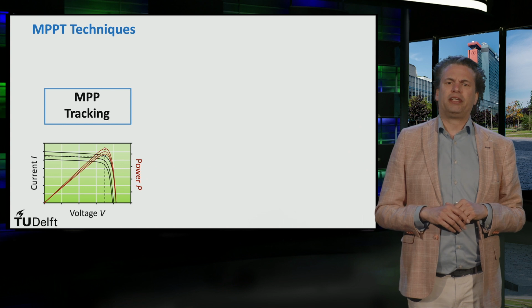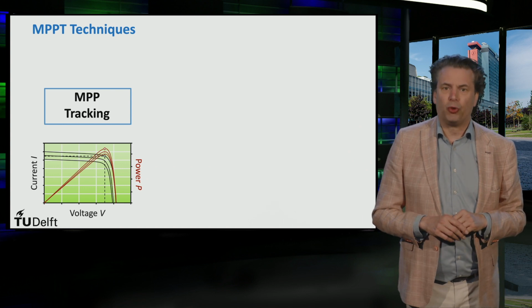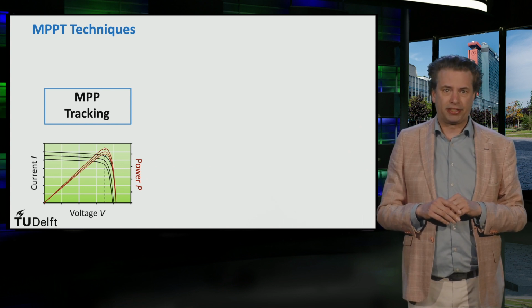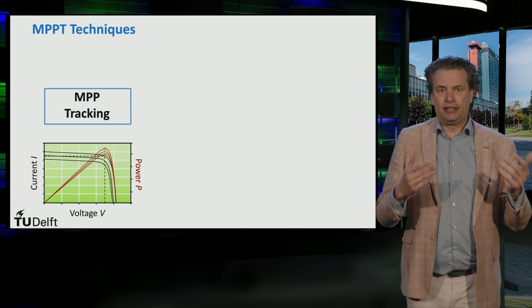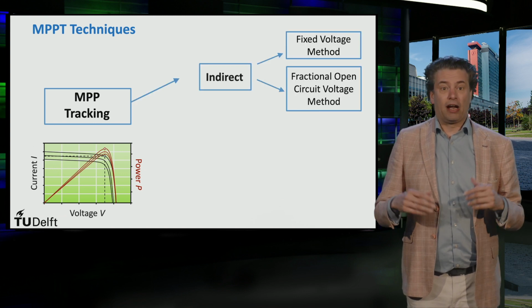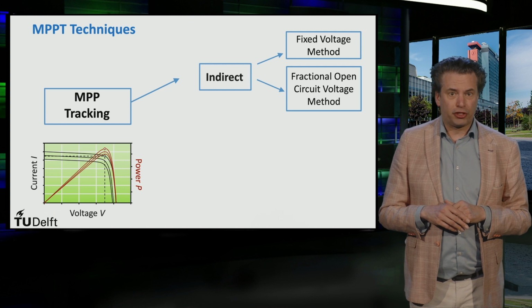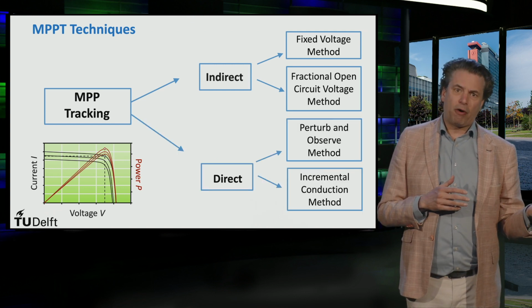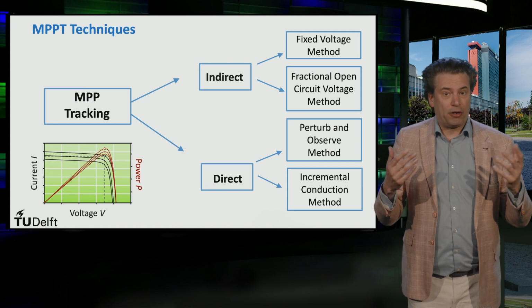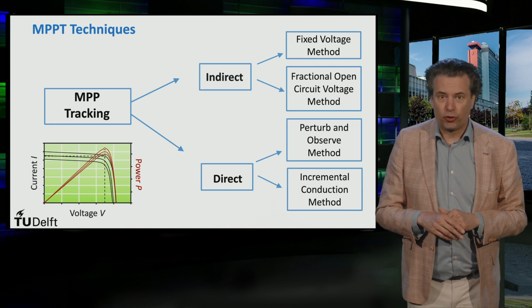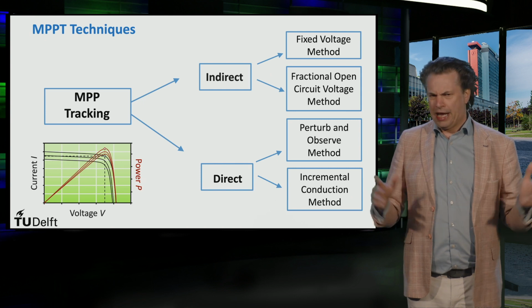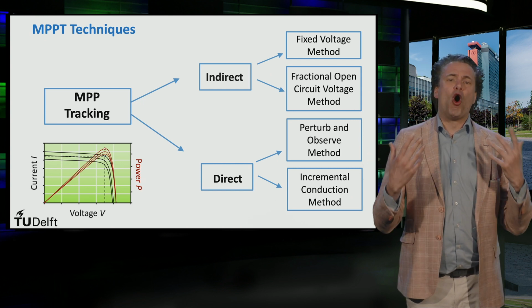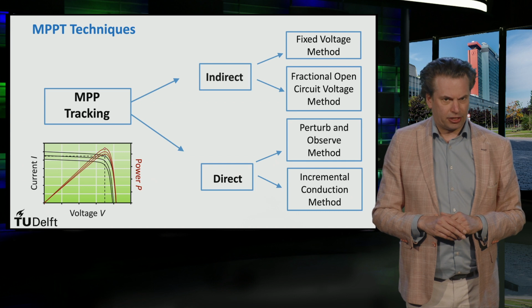Some of the modern literature talks about two broad categories of maximum power point tracking techniques. Indirect maximum power point tracking, like fractional open circuit voltage method or the fixed voltage method. Direct maximum power point tracking, like the perturb and observe methods or the incremental conductance methods. Each of these techniques have their own advantages and disadvantages.